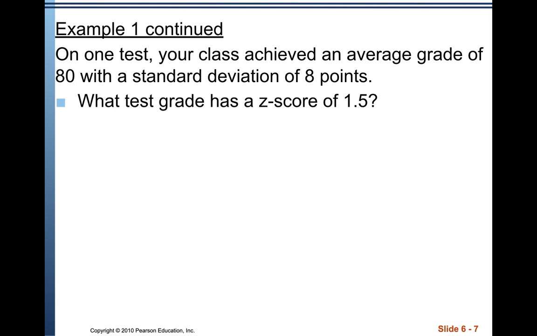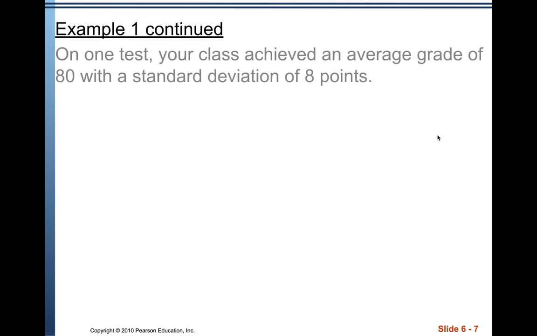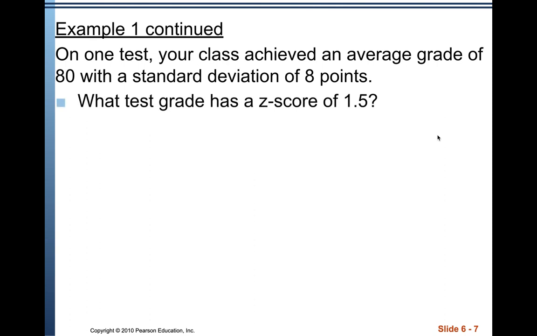So this is that going backwards thing I was talking about a couple of slides ago. So what essentially I'm asking is what data value, if I do these steps here, subtract the mean and divide, is going to give me a z-score, an answer of 1.5?